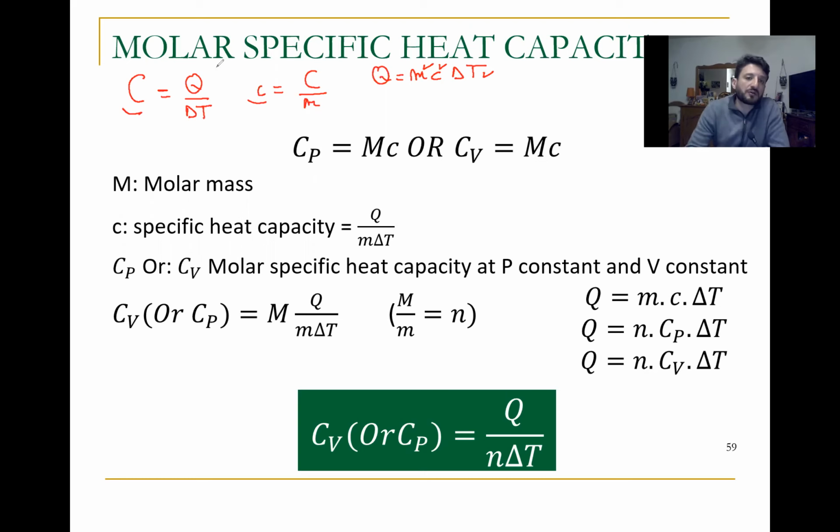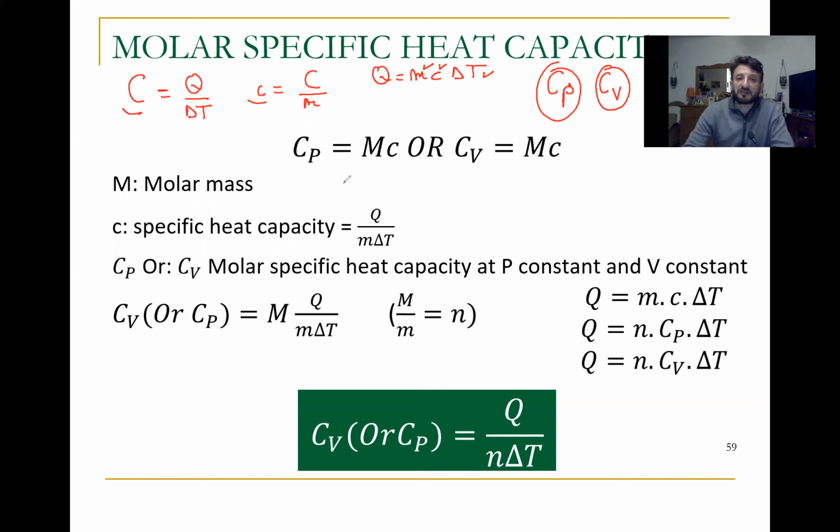Here, I want to talk about the molar specific heat capacity. You have to know this. Molar specific heat capacity, I mean capital C. At P constant, in general, it's Cp or Cv. The name is molar specific heat capacity at P constant, or molar specific heat capacity at V constant.